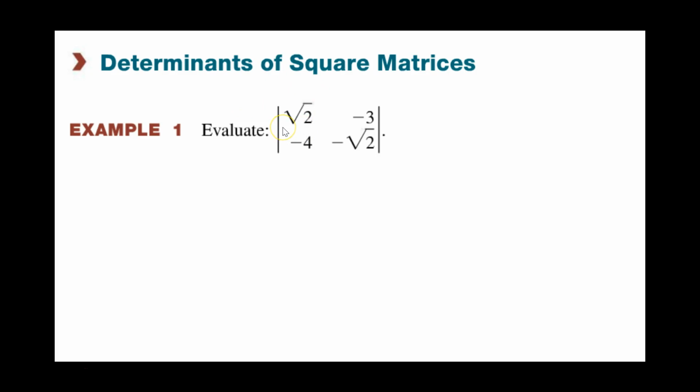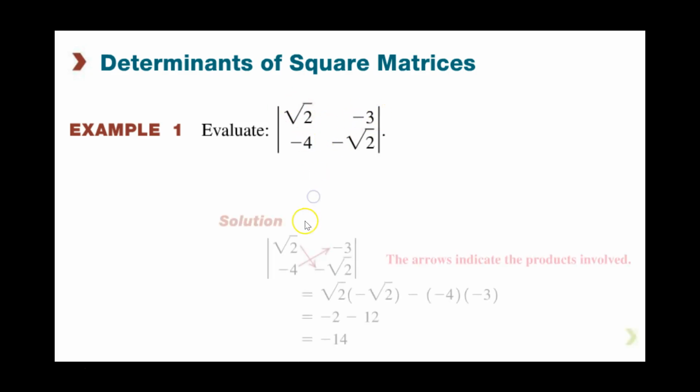To do the determinant, especially when we have numbers as radicals and not clean numbers like negative 3 or 4, the formula is you take A, B, C, D and multiply diagonally.